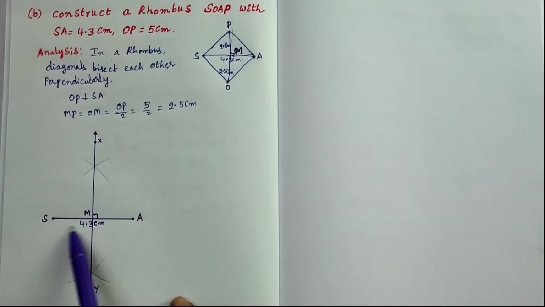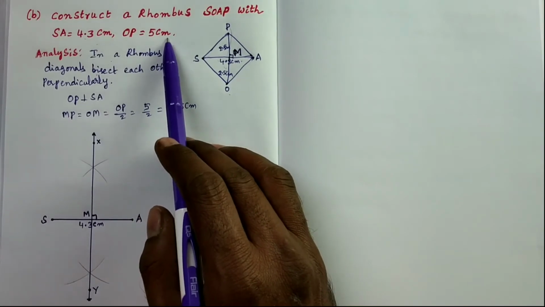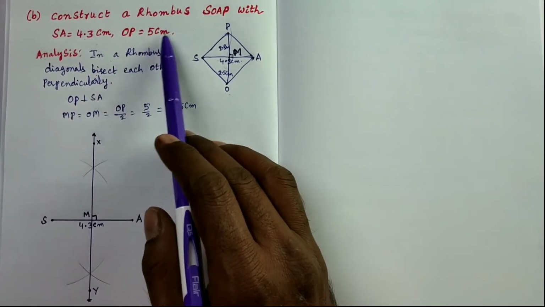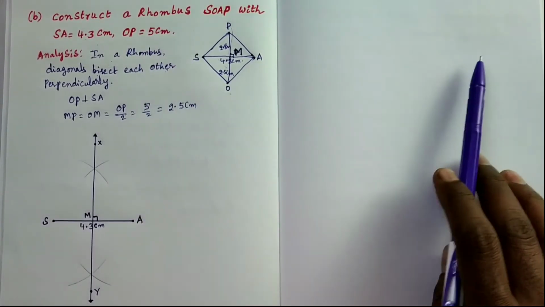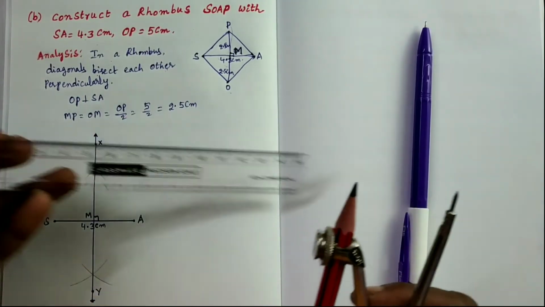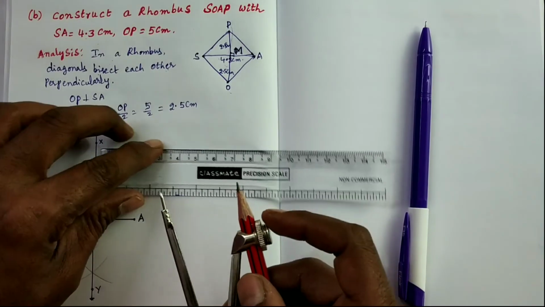The SA line divides the other diagonal OP into two equal parts. Half of 5 centimeters means 2.5 centimeters. Now take a compass with a 2.5 centimeters radius.